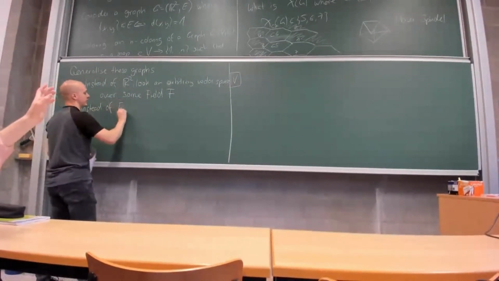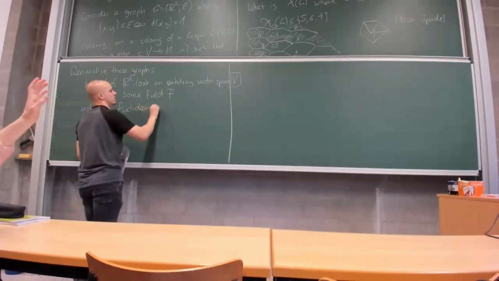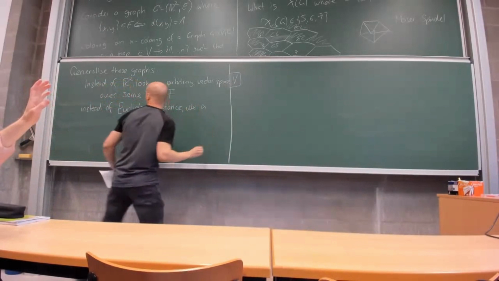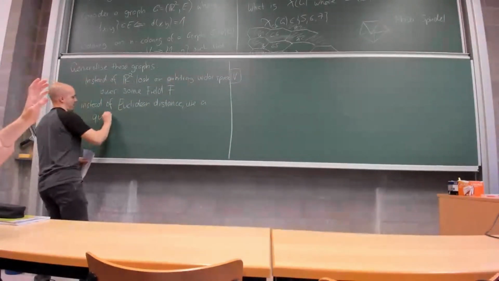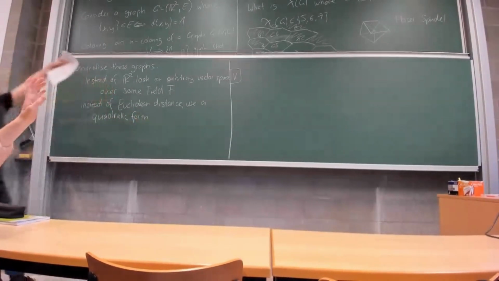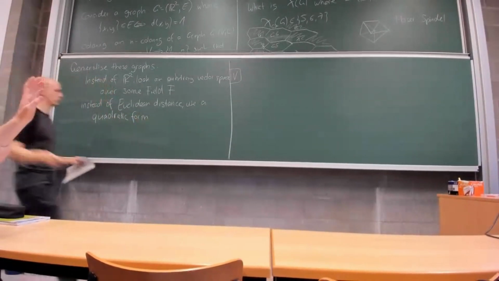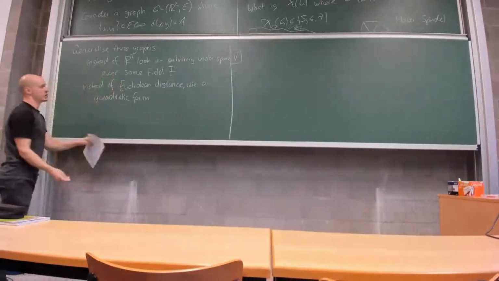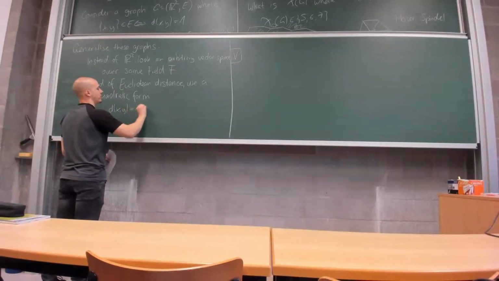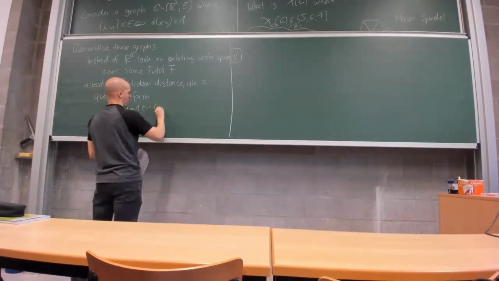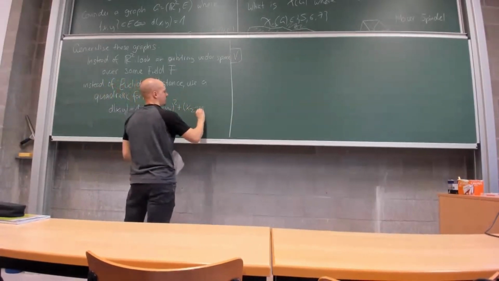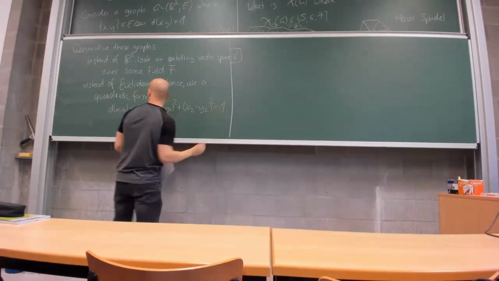And instead of the Euclidean distance, I would like to use a quadratic form. So the Euclidean distance is 1 if and only if (x1 minus y1) squared plus (x2 minus y2) squared is 1.